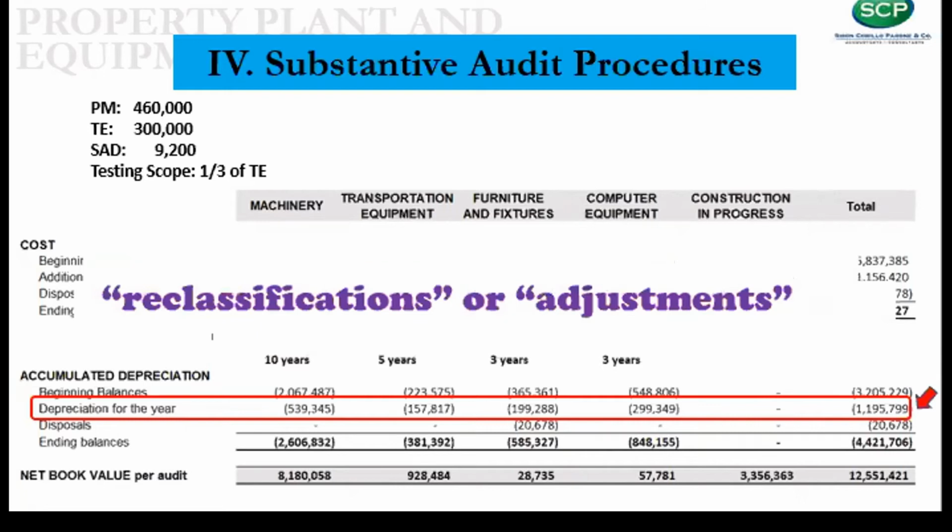Also, we might find from time to time that on top of the captions, additions, and disposals, the client would show captions such as reclassifications or adjustments in the roll forward analysis that they prepared. When this happens, ensure that we gain an understanding of the nature of these reclassifications and/or adjustment amounts.